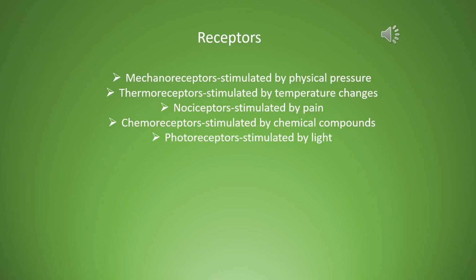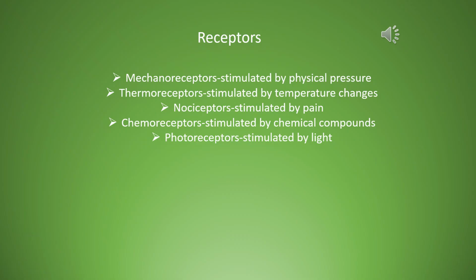Those are called mechanoreceptors. Obviously, we have mechanoreceptors in the skin, our sense of touch. We also have mechanoreceptors in the inner ear. Our sense of hearing and our sense of equilibrium have mechanoreceptors which initiate the firing of an action potential.